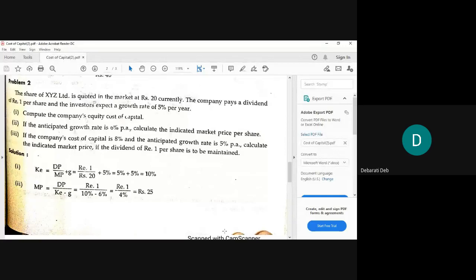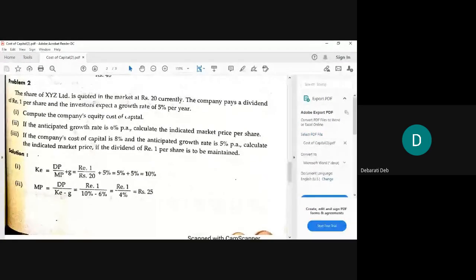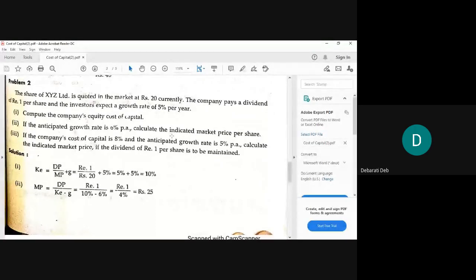Okay. So on your screen, you can see problem number 2. No need to write the question. Let us just read through it. After the class, you will write it in the left space that you will leave now. All right. So what does it say? The share of XYZ Limited is quoted in the market at rupees 20 currently. So it is simple.